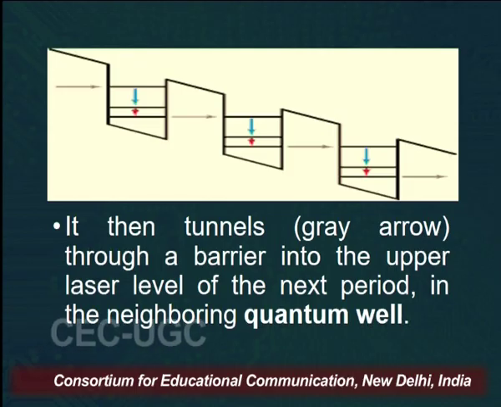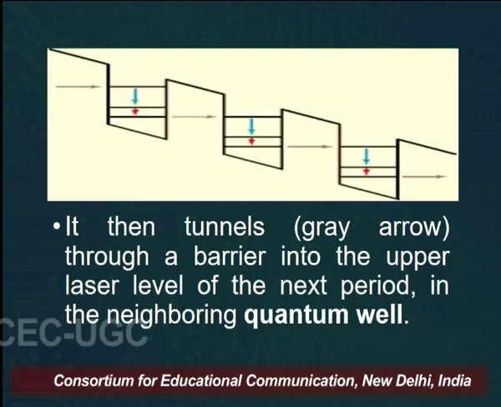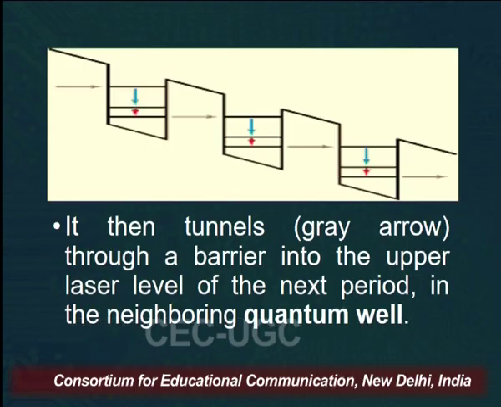This arrow represents that tunneling takes place through the barrier into the upper laser level of the next period, in the neighboring quantum well. It means it is transferring the electrons to another level of another periodic potential.